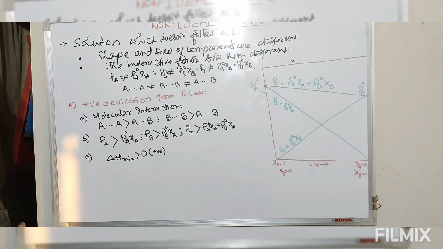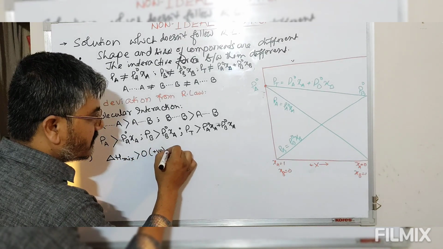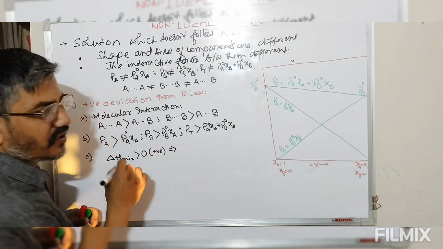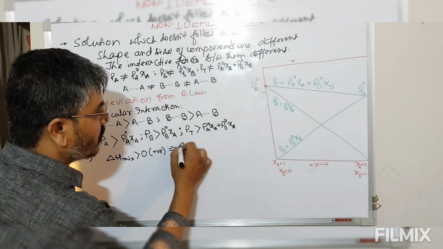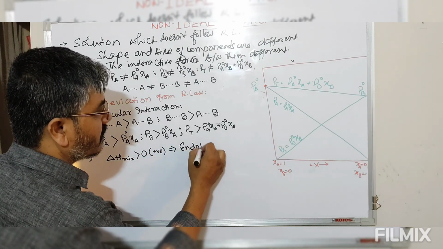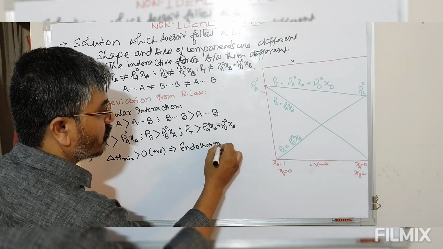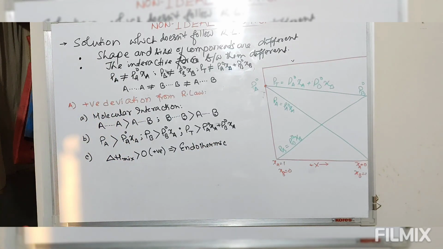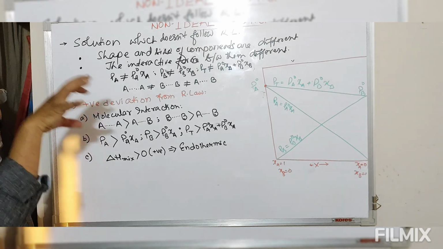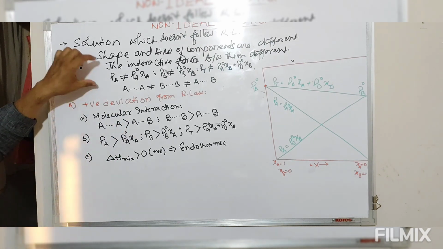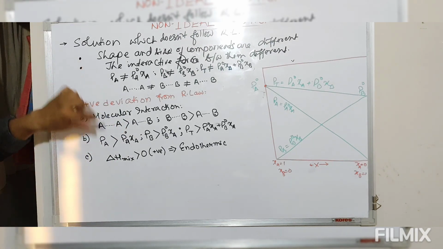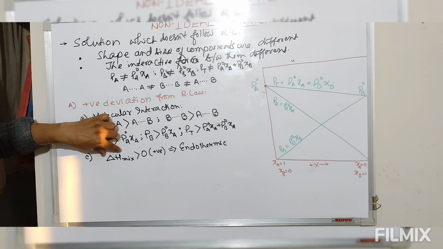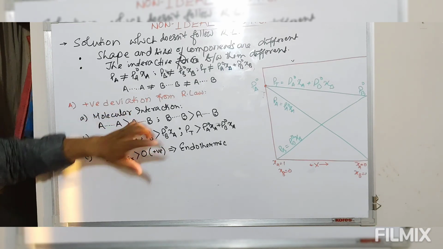Now enthalpy of mixing is positive. The dissolution or the solution is known as endothermic. Now look at this. Let me explain why this type of solution, the one showing positive deviation from Raoult's law, is having delta H greater than 0 or positive value.